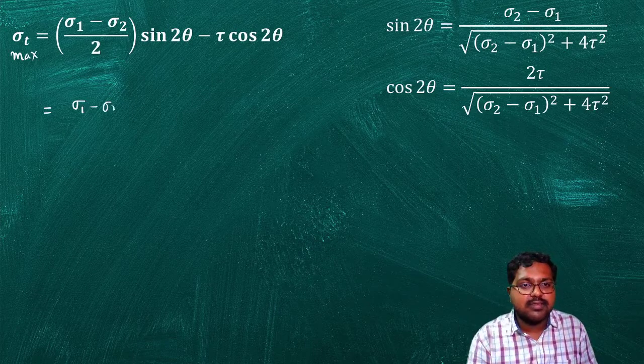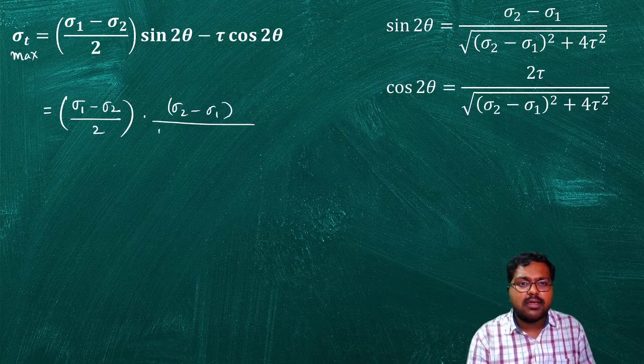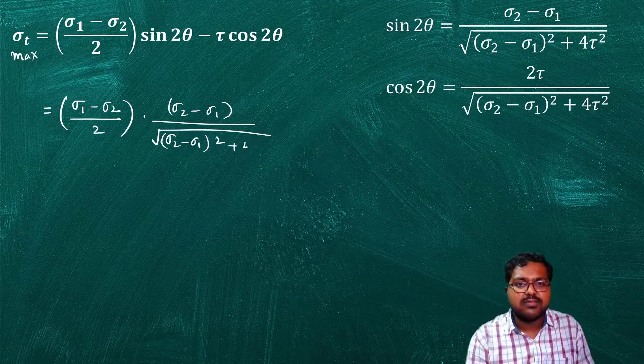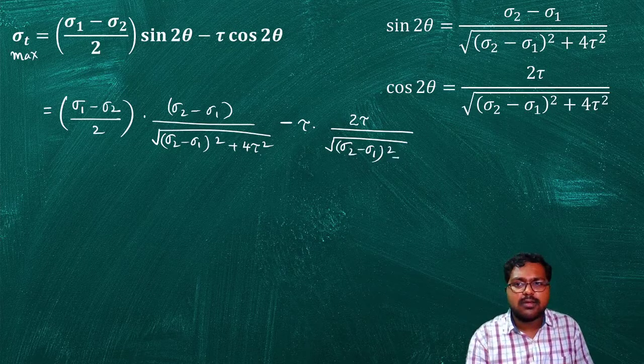(Sigma 1 minus sigma 2) by 2 into sine 2 theta, which is equal to (sigma 2 minus sigma 1) by under the root of (sigma 2 minus sigma 1) whole square plus 4 tau square, minus tau into cos 2 theta, which is equal to 2 tau by under the root of (sigma 2 minus sigma 1) whole square plus 4 tau square.